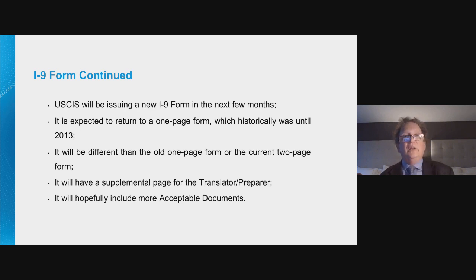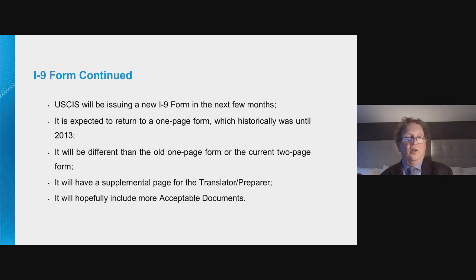I would say sometime in the next 3 months, they'll put out the new I-9. There will be a supplemental page for the translator or preparer. We are very hopeful, we meaning immigration attorneys in general, that they will expand the acceptable documents.